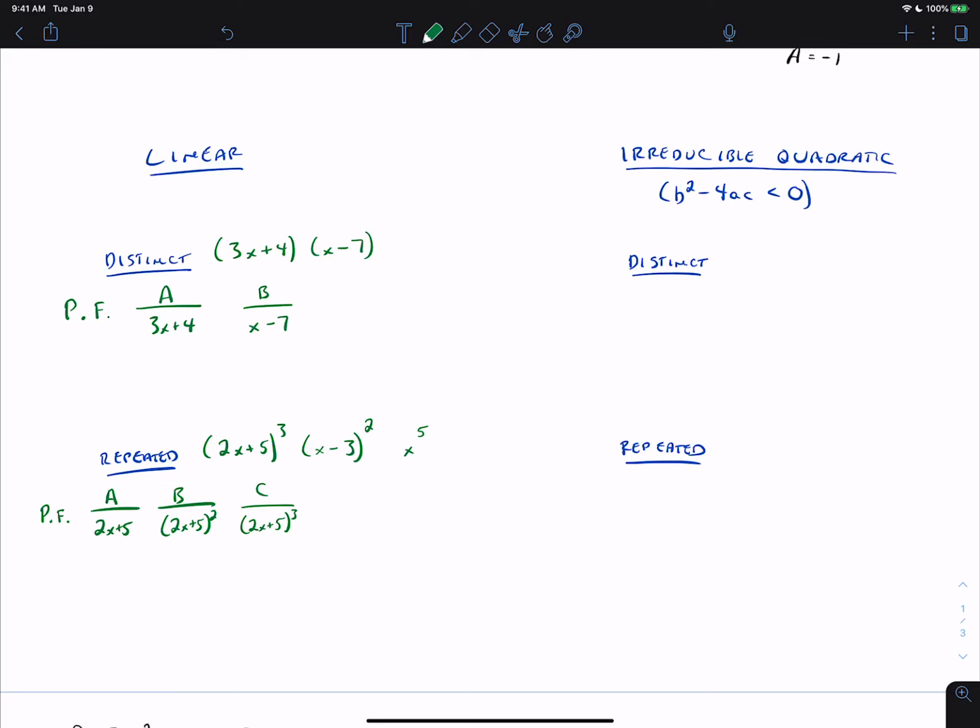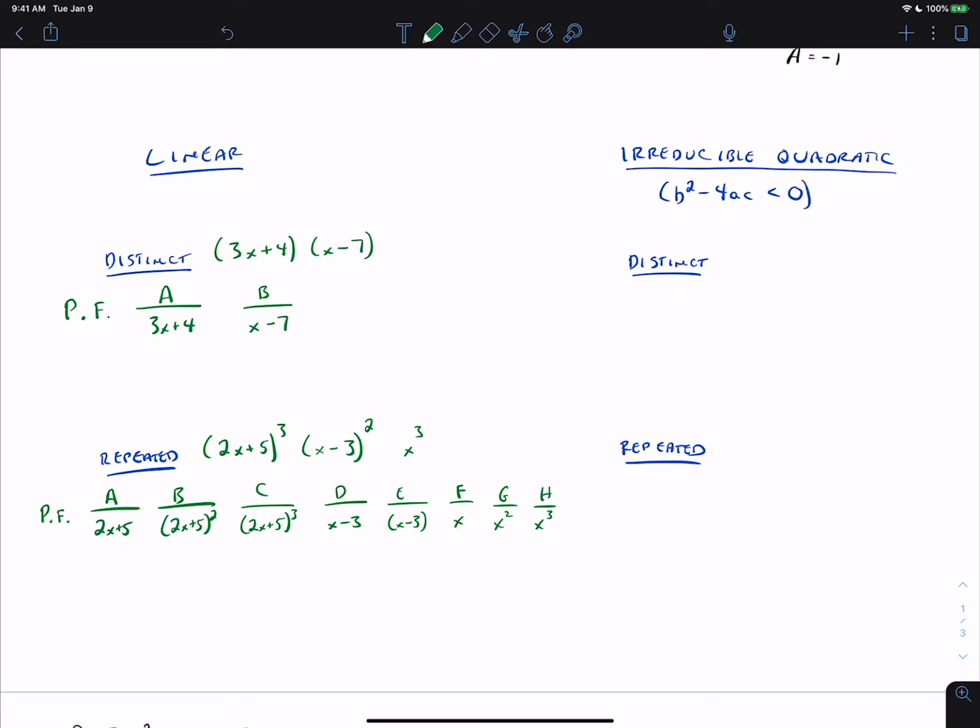When I have x minus 3 squared, I have D over x minus 3 and E over x minus 3 squared. And now I'm going to cheat because I don't want to write out 5 terms for x to the fifth. Let's say that is x to the third. Then I have F over x, G over x squared, and H over x to the third. So that's how we handle repeated linear factors.